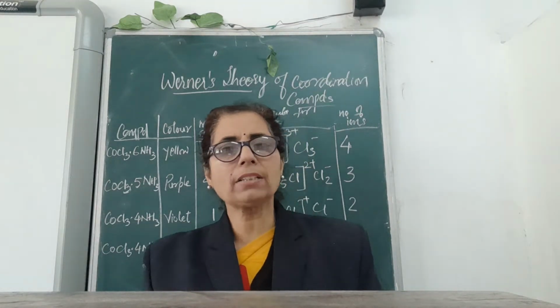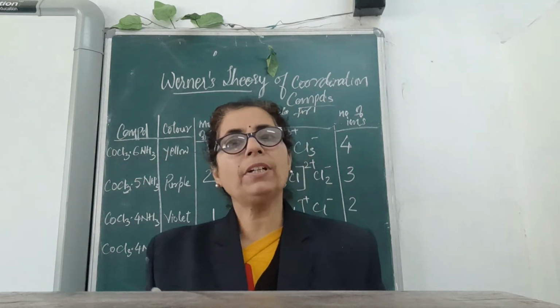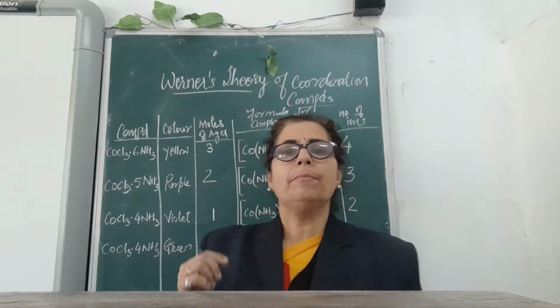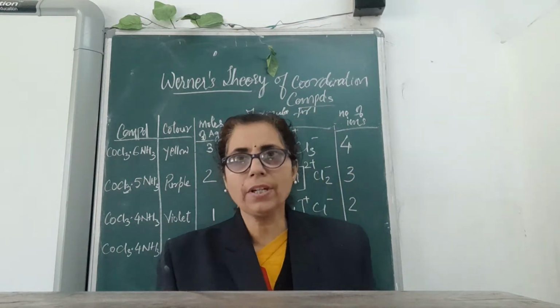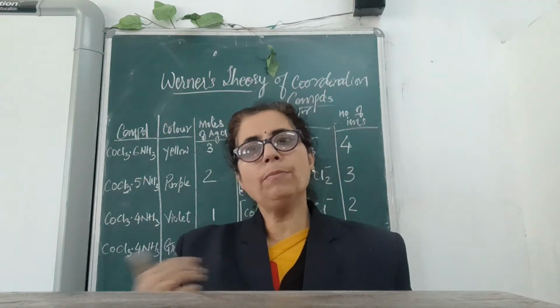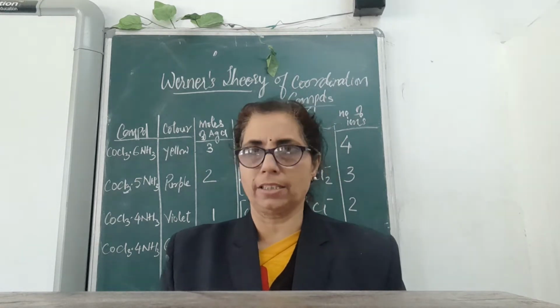These complex compounds gave different colors. And when he mixed silver nitrate with these complexes, he was able to remove the precipitate formed in the form of silver chloride.